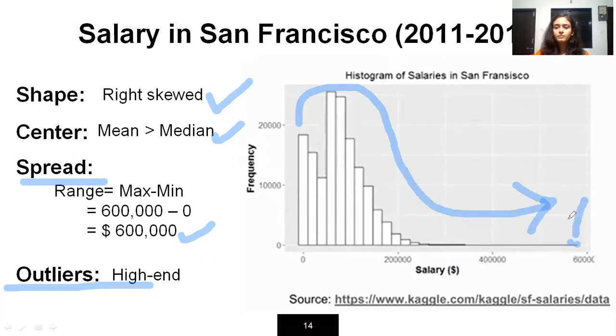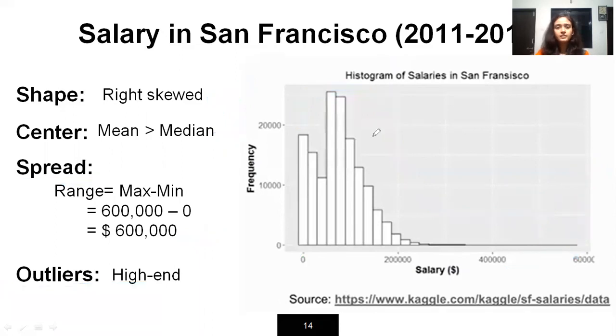Then this will be my outlier, because there are very few people who have a salary of $600,000. So we call it an outlier. We are telling that outliers are present at the high end. Always the left hand side will be the low end and the right hand side will be the high end on the x-axis of the histogram.